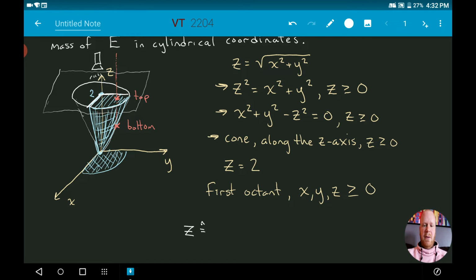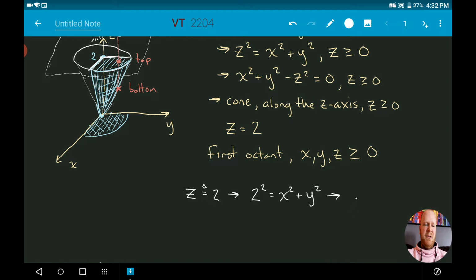So if I quickly set z equal to 2 temporarily, then I'm going to get 2 squared equals x squared plus y squared. And using your polar coordinates, you can say that in this case your r is equal to 2 at that point.